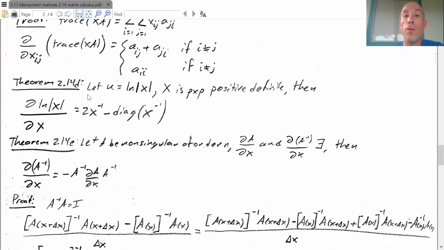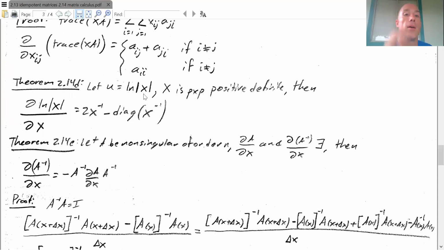All right, now for our next trick, let's say that u is equal to natural log of the determinant of x. Now we're going to make an assumption about this. So we're taking the natural log of a determinant. Well, what's the domain of natural log from college algebra? It's positive numbers, correct?